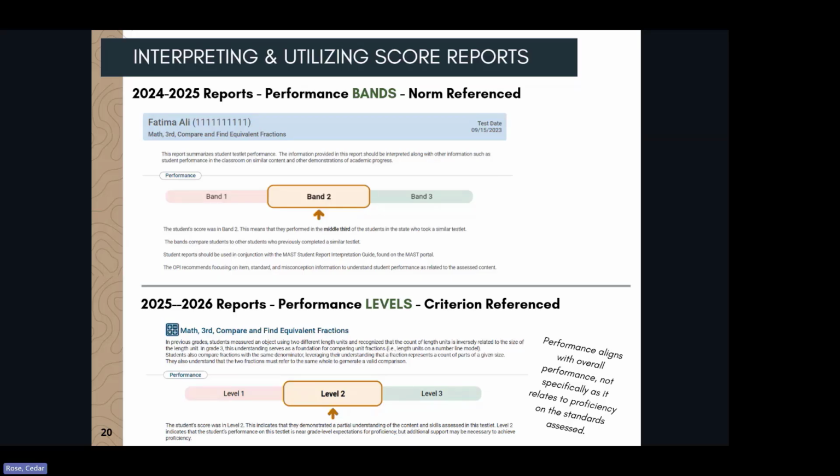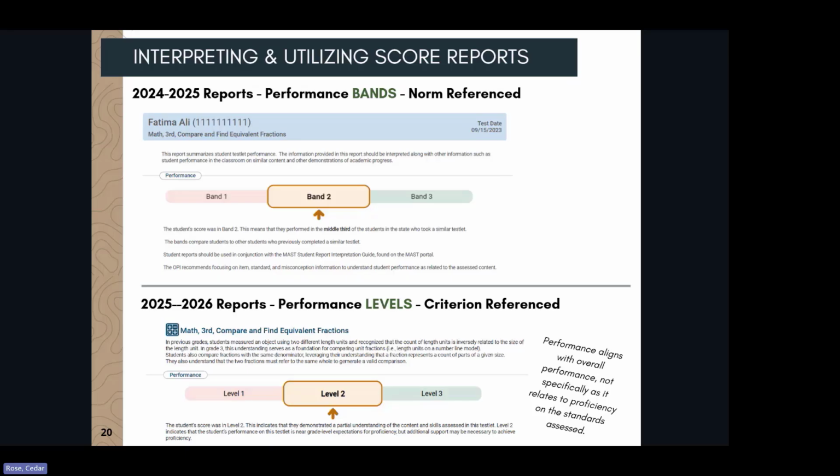Now that we have those proficiencies established, we are able to relate those levels closer to proficiency. You will notice that level 1 and level 2 relate to students who are not quite performing at that overall proficiency level. If you see your students in level 3, they are performing in that level that relates more to that overall proficiency.